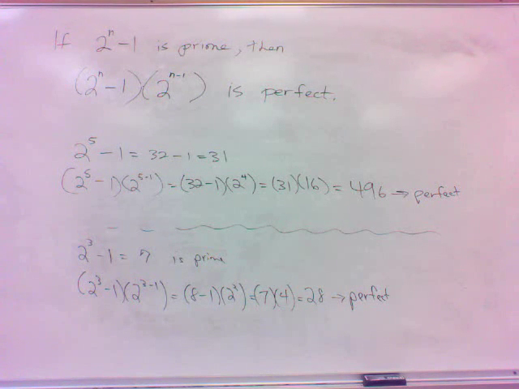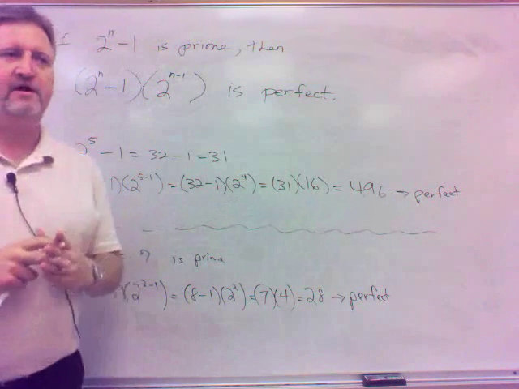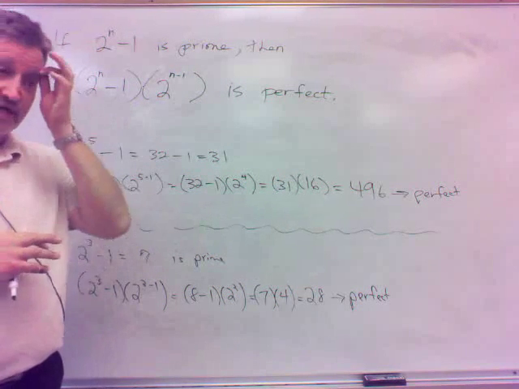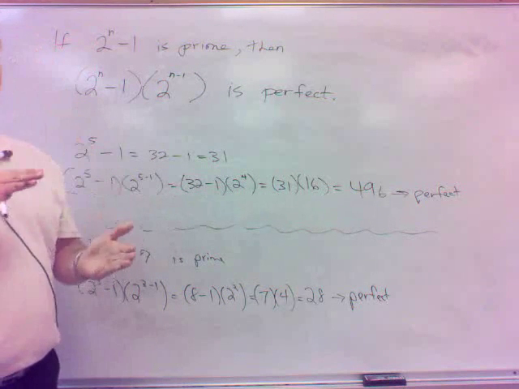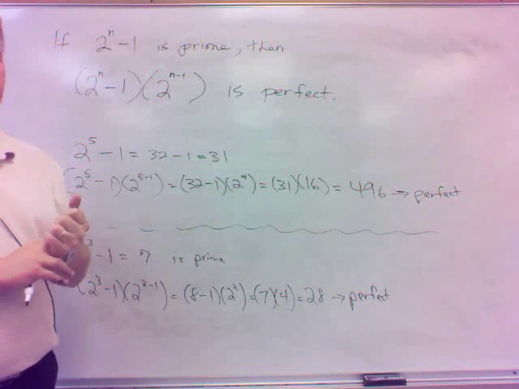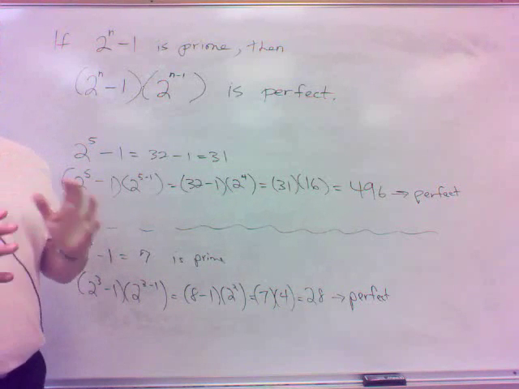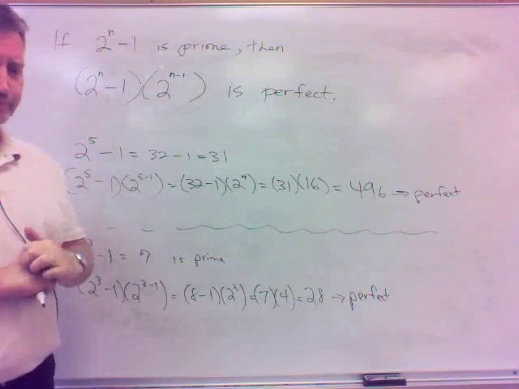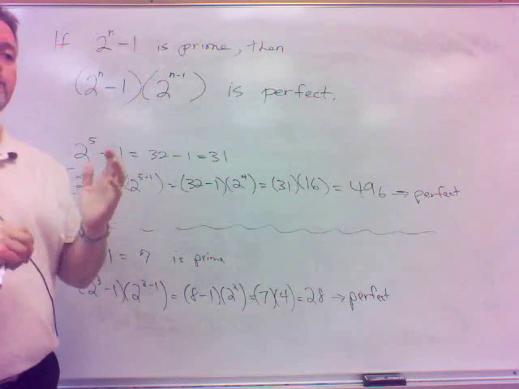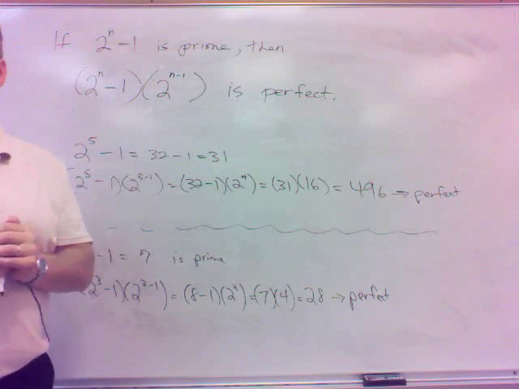Now the other thing I was going to mention on the Mersenne primes, this business of Mersenne primes is a pretty big deal even these days, because prime numbers are very, very nice. They don't factor, so they're hard to determine. But anyway, what I'm trying to get at is they're used in security codes and things like that.